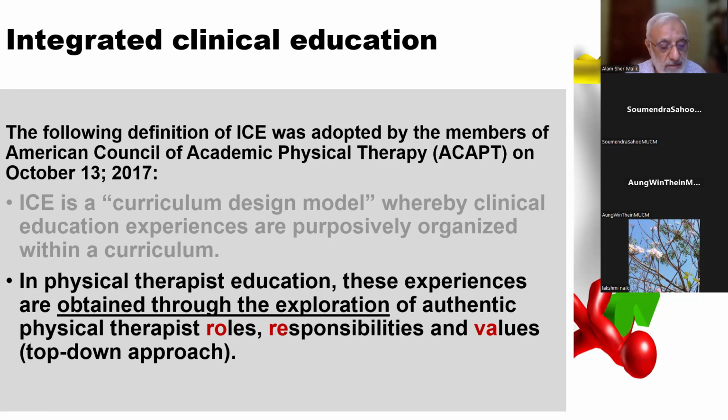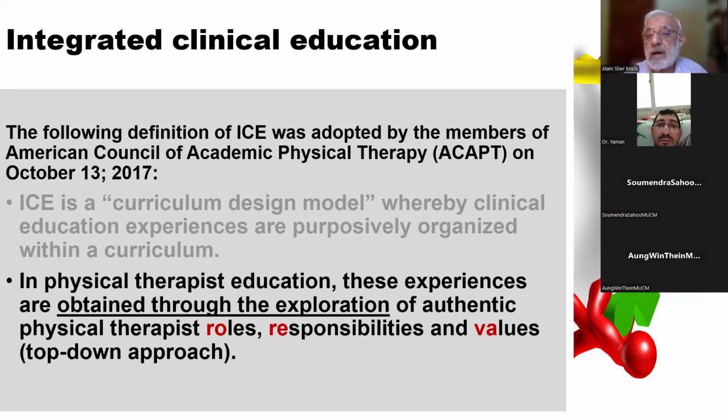This is what is called the top-down approach: first we identify what our goals are, what our attributes are, what we expect from our graduate to do and perform, and what capabilities he or she should have at the time of graduation. That makes the basis of our curriculum, and that helps in integrated clinical education.